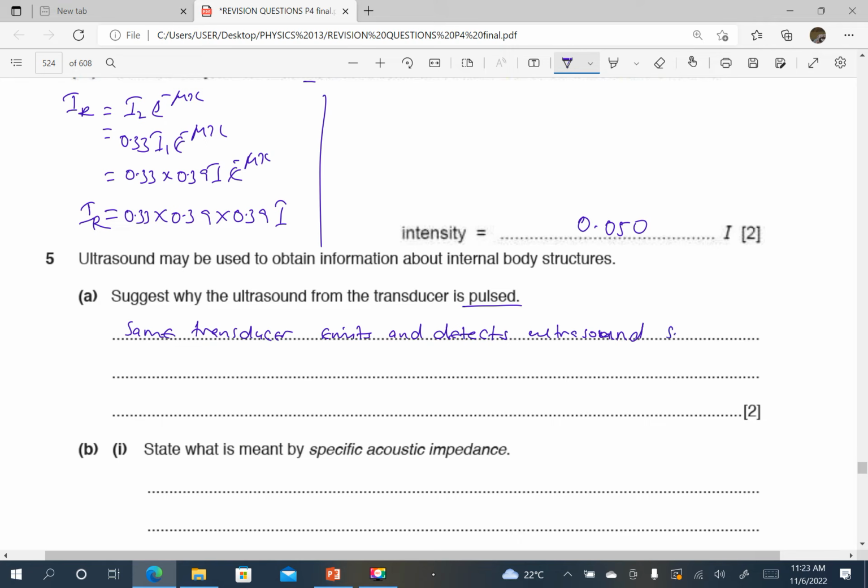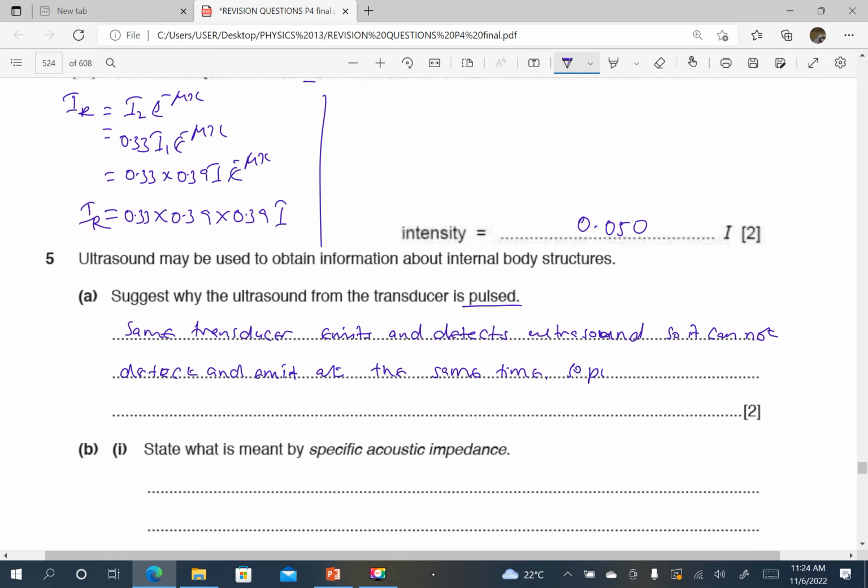So it cannot detect and emit at the same time. So pulses are going to allow ultrasound to be detected in between the transmitted pulses.